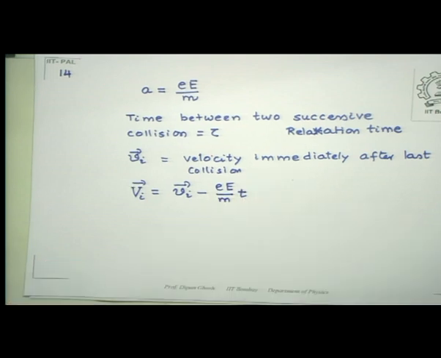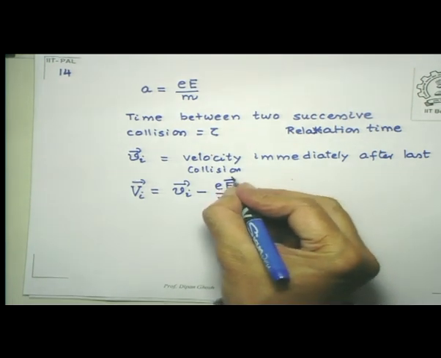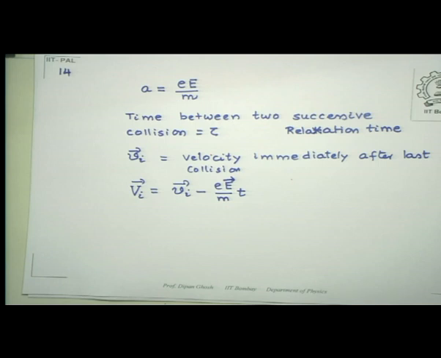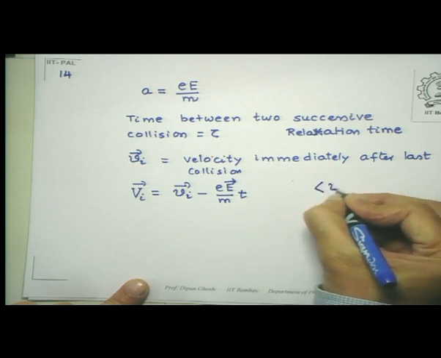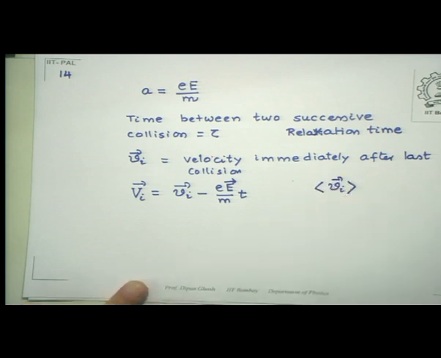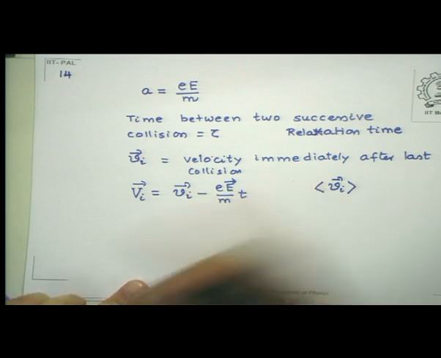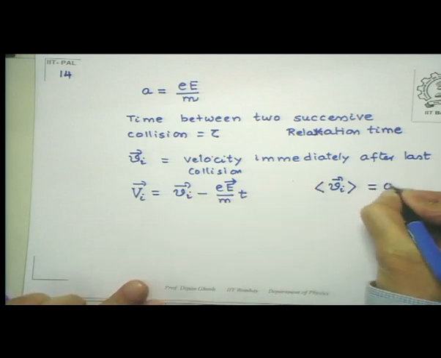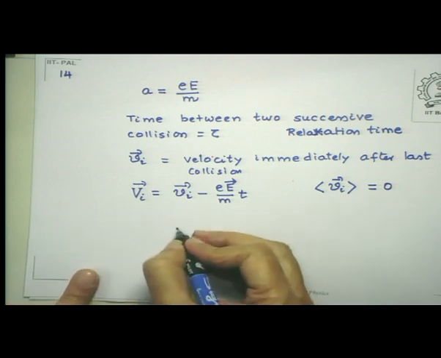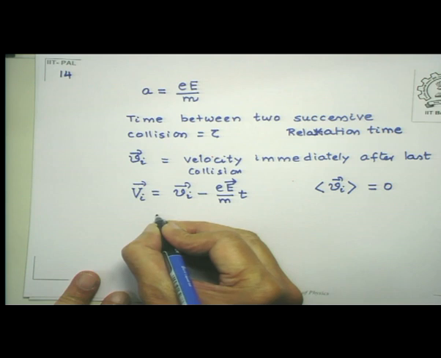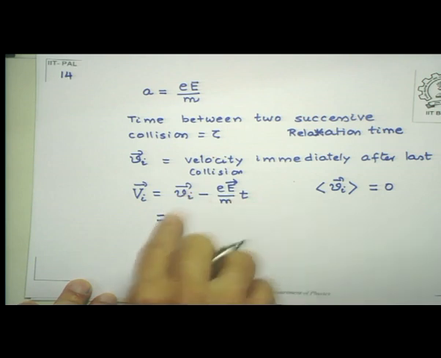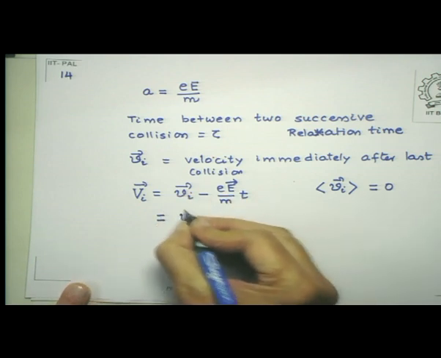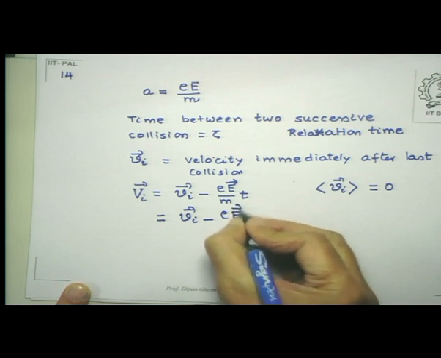The minus sign is there because I am talking about an electron which must move in a direction opposite to the electric field. Now remember I also mentioned that the average value of Vi, which is 1 over n times the sum over i of Vi, is equal to 0. But if you look at this now, then the velocity close to a relaxation time would be Vi minus E tau over m.